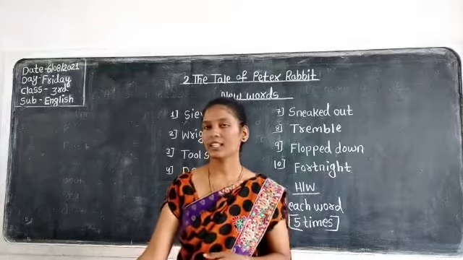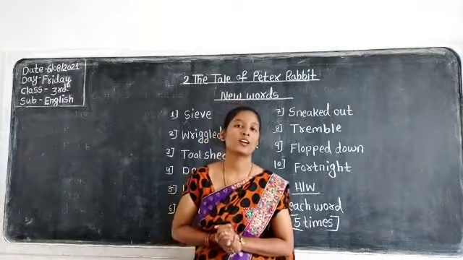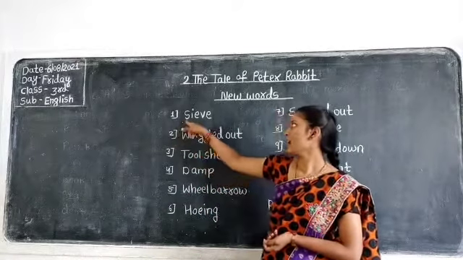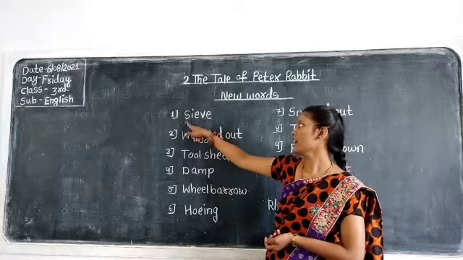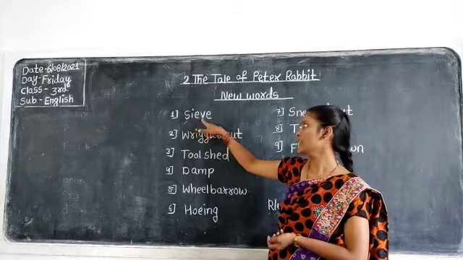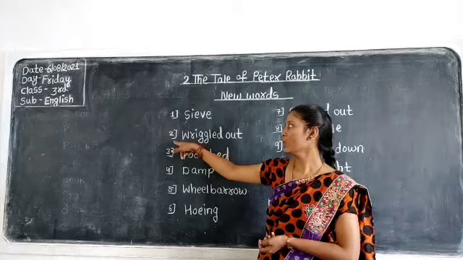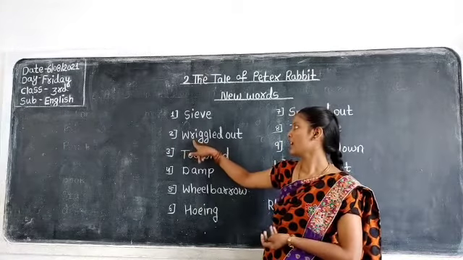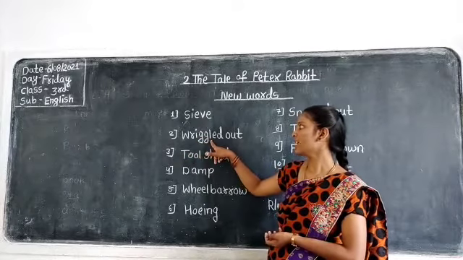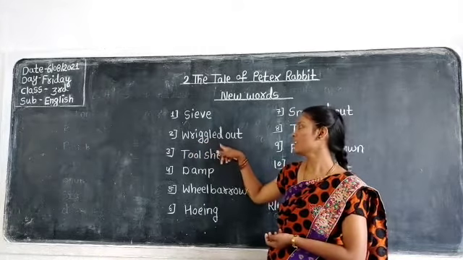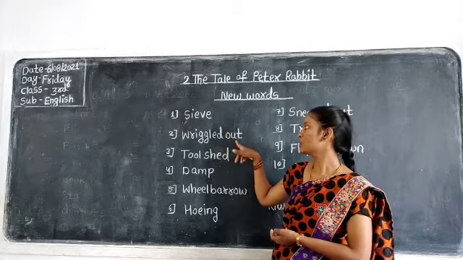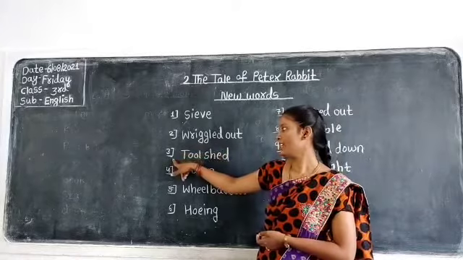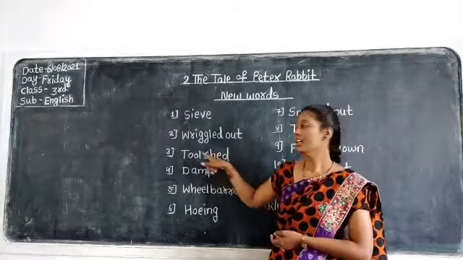Okay children, now let us move towards new words in this lesson. So the first one is seed. S-E-E-D, seed. Second one is wriggled out. W-R-I-G-G-L-E-D, wriggled out. O-U-T, out, wriggled out. Third one is tool shed.